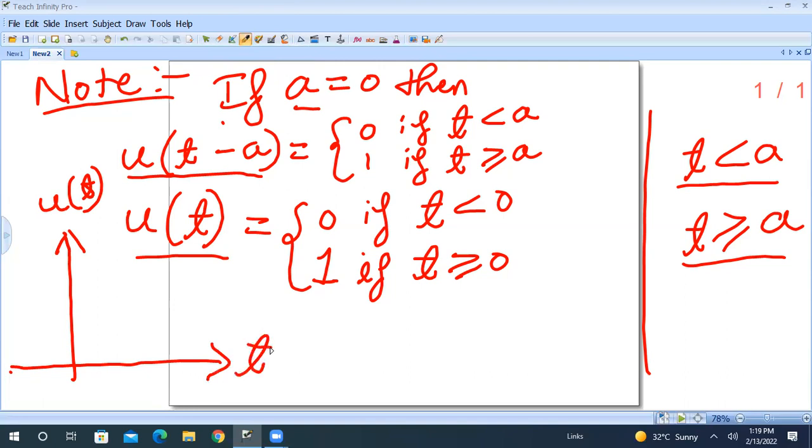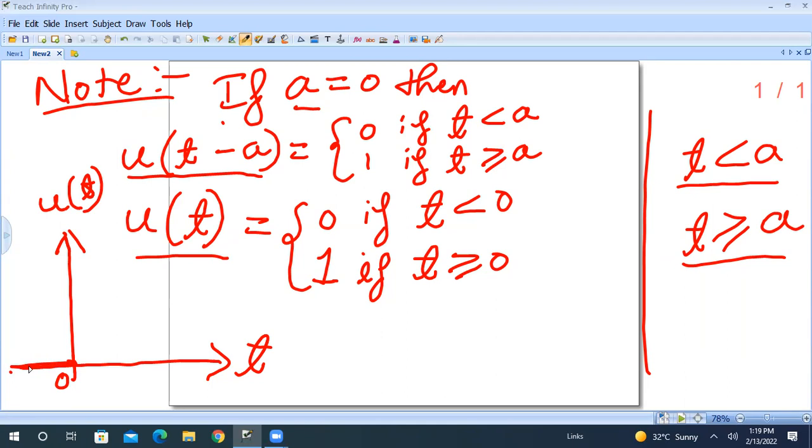Then this is the initial point, mentioned as O. Then 0 if t is less than 0, so when t is less than 0 the cut point comes here.